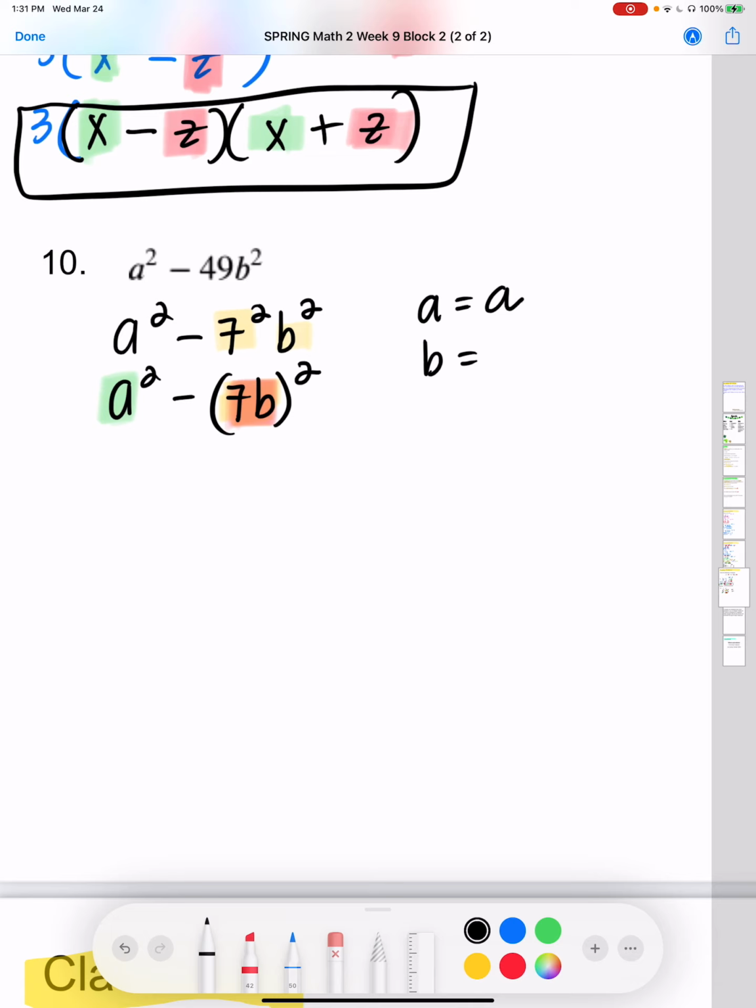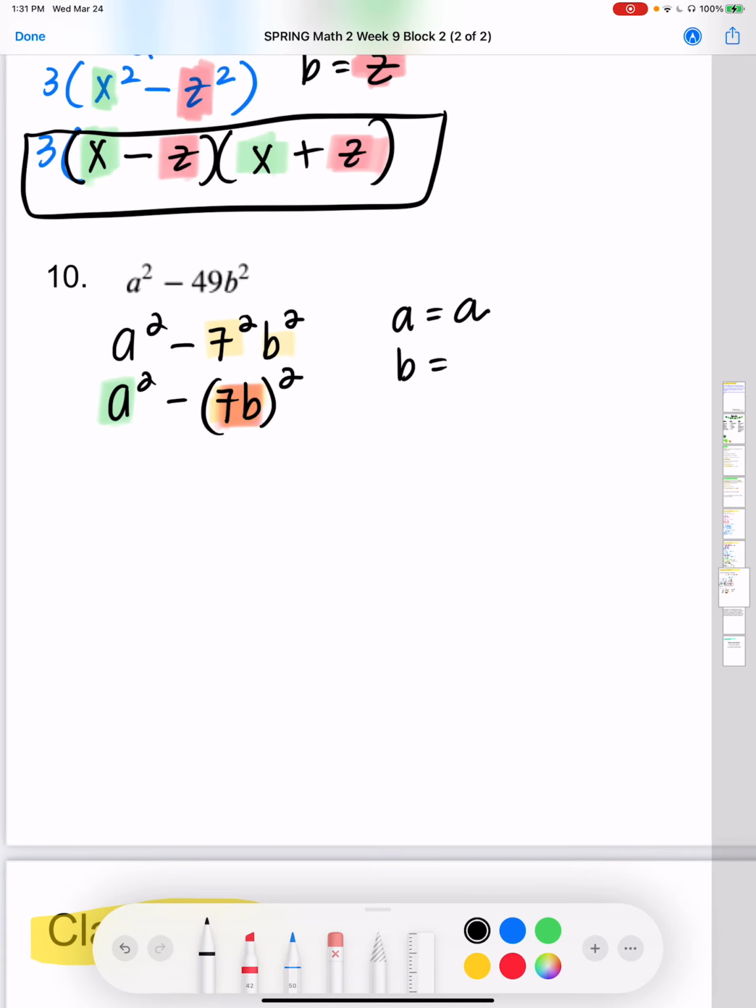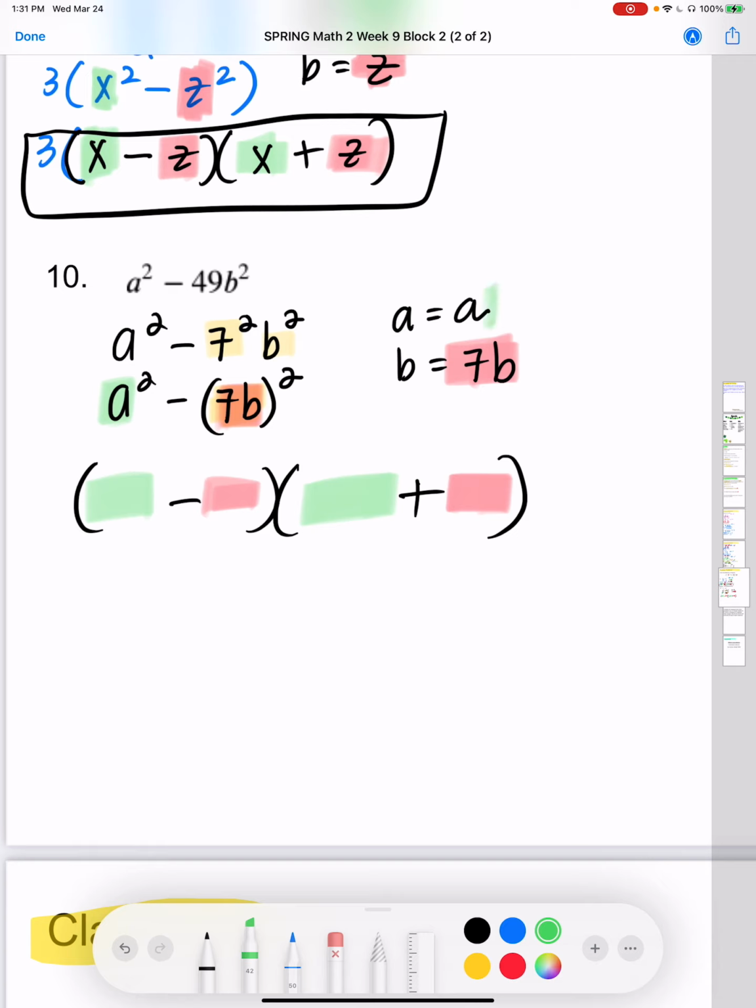My a is actually a here because that's the variable. My b is 7b. So I'm just going to go ahead and rewrite this as a difference of squares. One's going to be minus, one's going to be plus. Red number goes second, green number goes first. Okay, and then just plug in. So it's a minus 7b, a plus 7b.